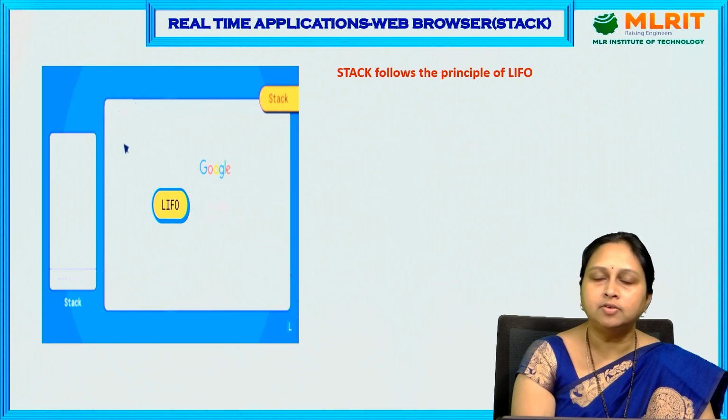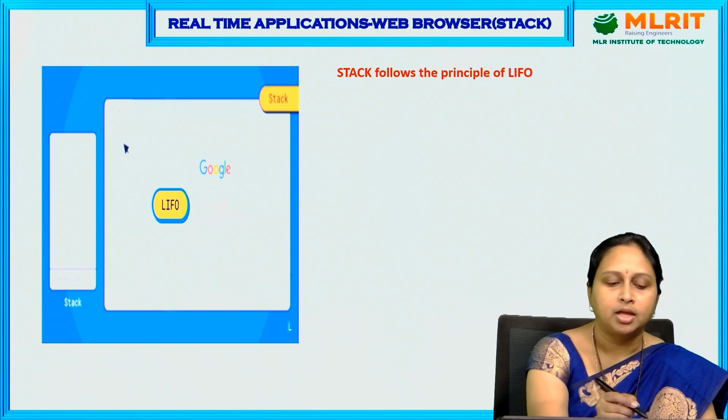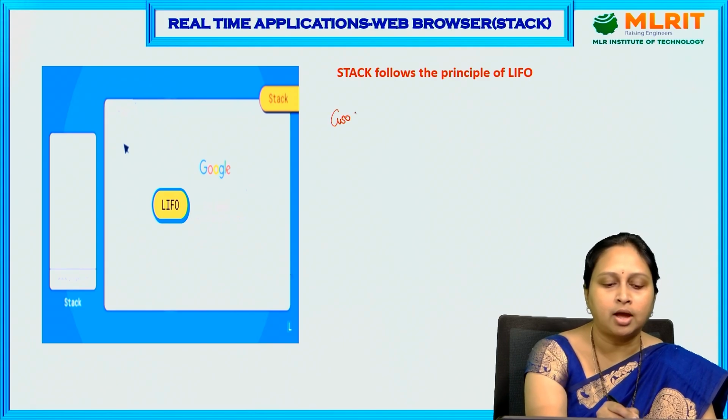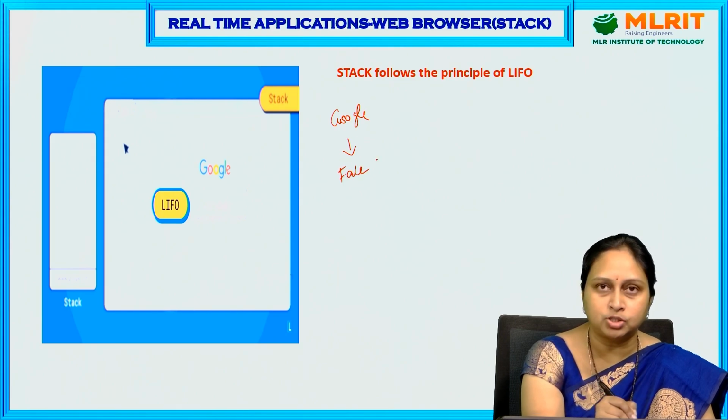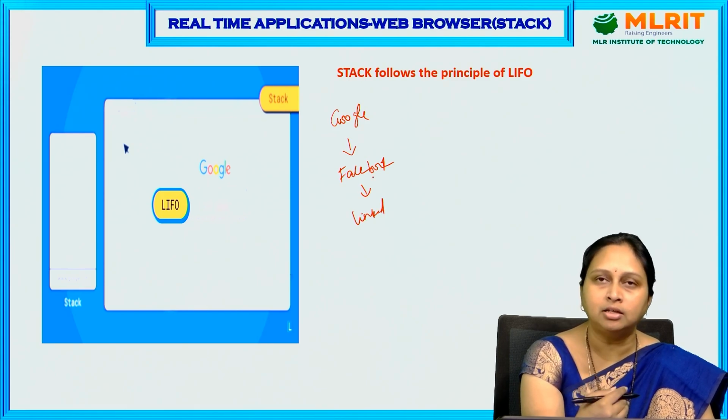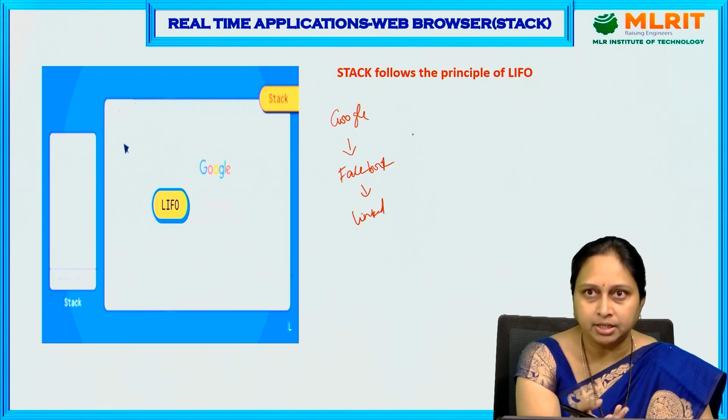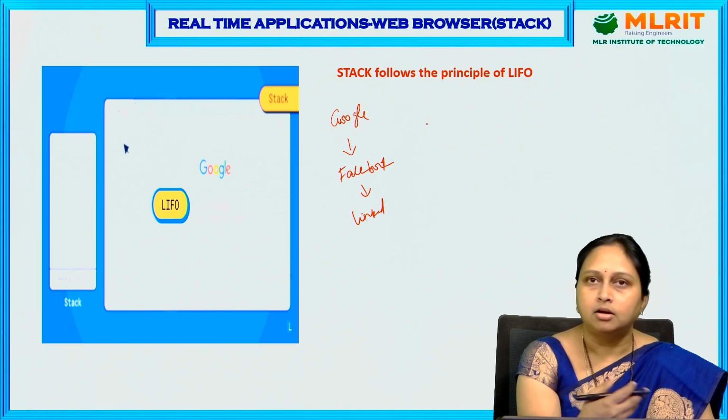And the third one is web browser. You may be opening different web URLs. Like, as I told you, Google is one web address you are going to open. And after that, you have opened Facebook. Then you have opened LinkedIn. If you have been opening all these URLs one after another, how is this maintained in a stack?